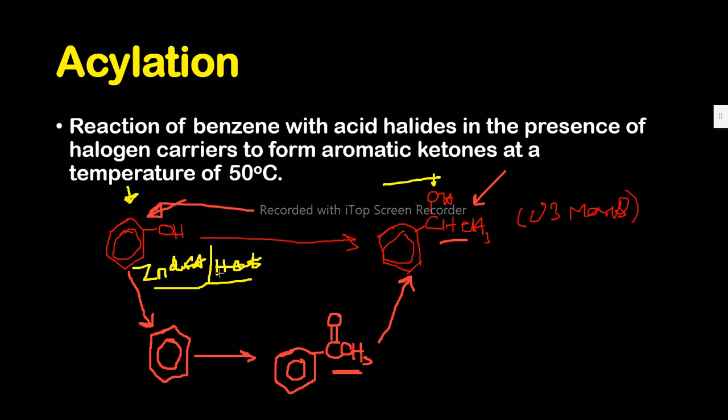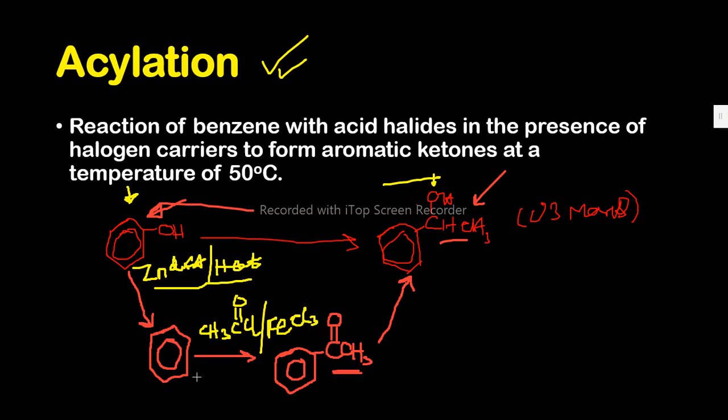Which reaction? This one, the Friedel-Crafts acylation, where we shall add the CH3, and then an acyl group, and then the Cl in presence of iron(III) chloride as a halogen carrier.